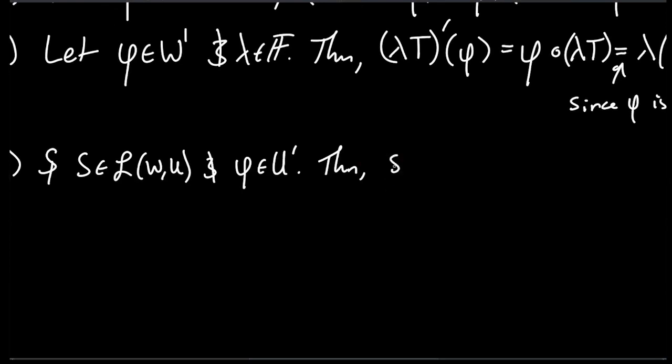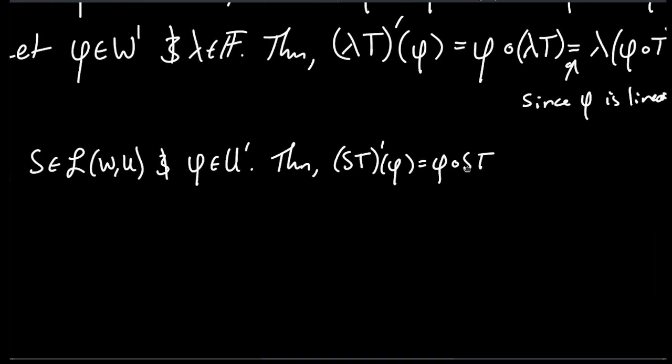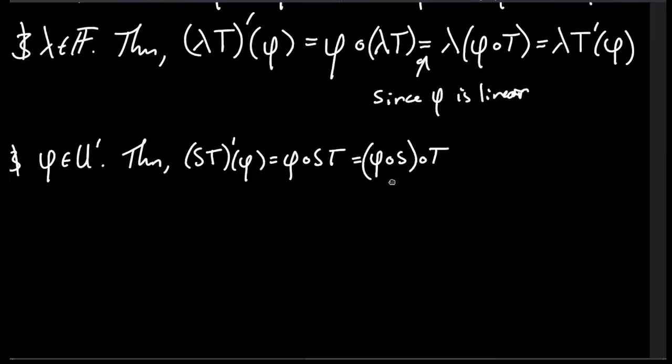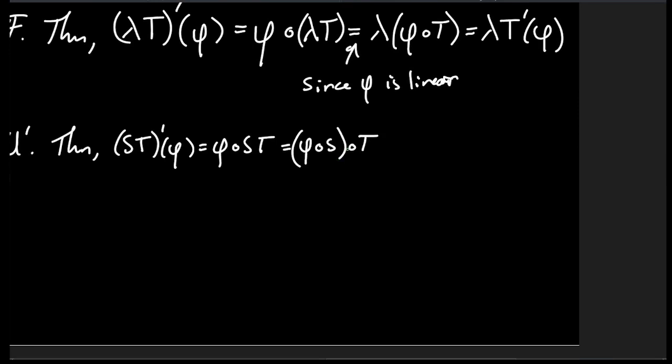The dual map of ST, evaluated at that linear functional, is by definition that linear functional composed with ST. But hey, we know that this is just the linear functional composed with S, that whole thing, composed with T. Now we just have to write out what this is. The linear functional composed with S will be something, but now I'm composing with T, so this is T prime of phi composed with S. Functional composed with T is T prime of whatever that functional is.